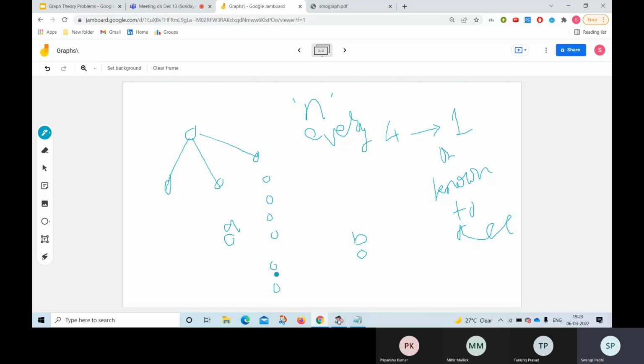All the vertices which are adjacent to A are in the neighborhood of A, which is denoted by N(A). Obviously, by our assumption, A has an edge connected to all the vertices here.